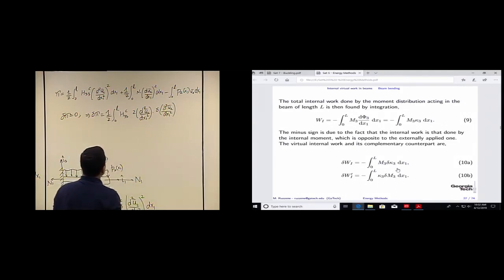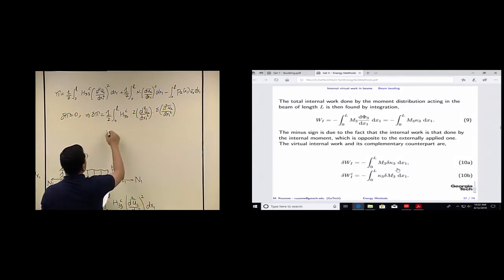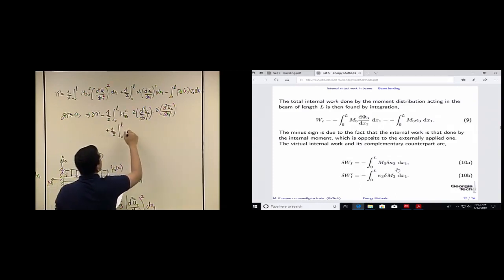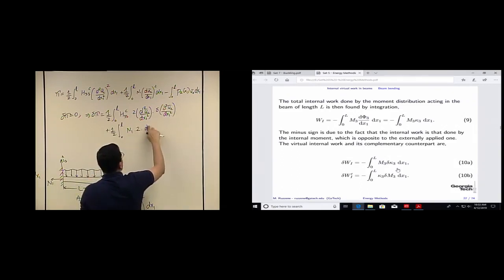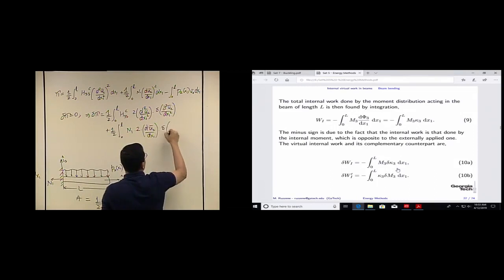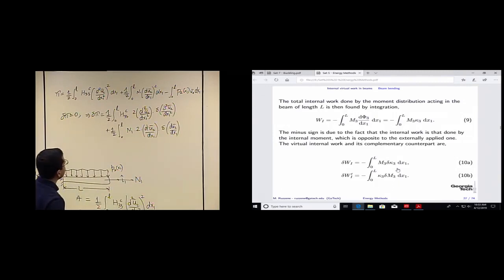And then you have the second term, which is 1/2 integration 0 to L n1 times 2 times the derivative of u2 with respect to x1, then you will take a variation of the derivative of u2 with respect to x1, right?